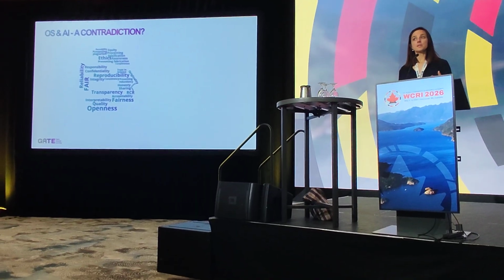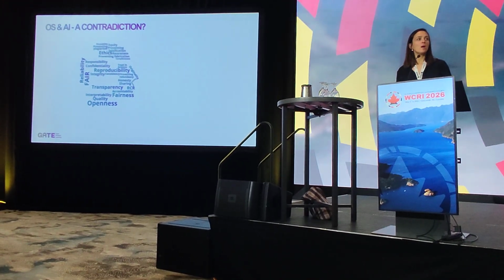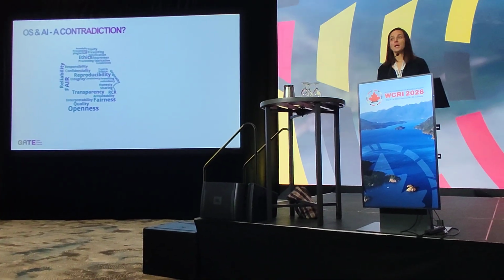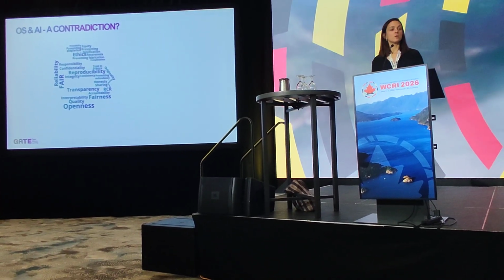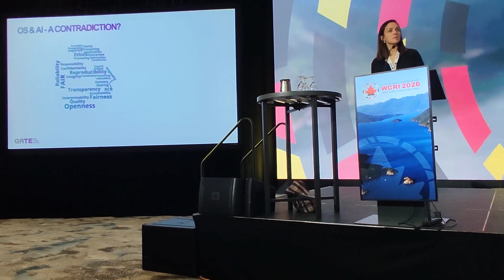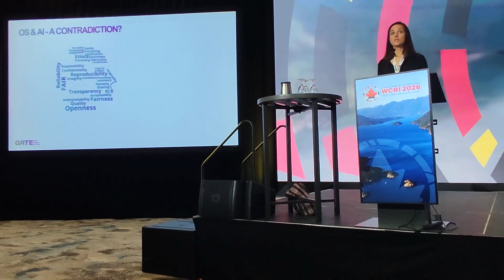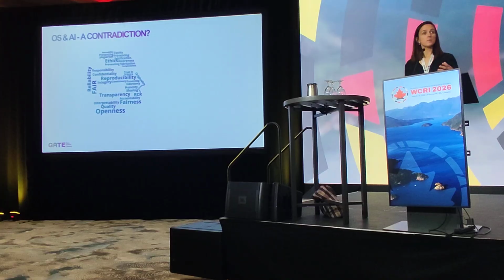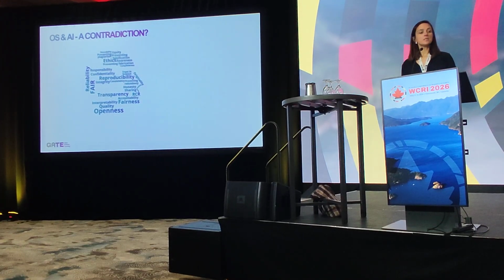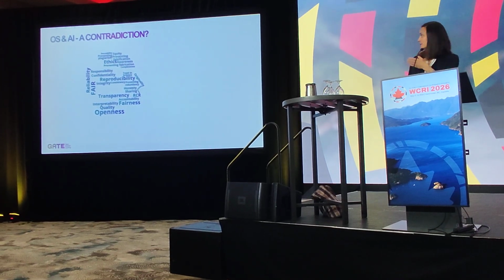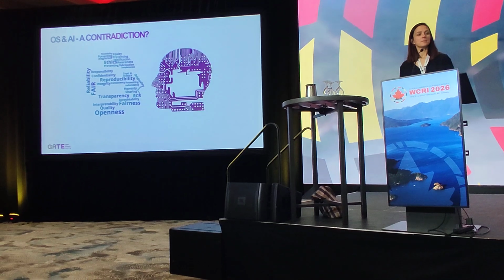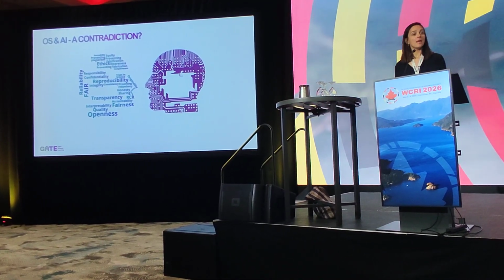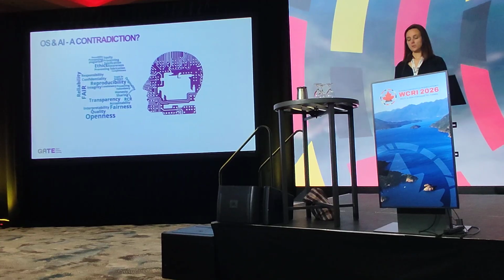So why is this continuous dialogue on open science and AI very important? We all agree that responsible conduct of research and open science are guided by acknowledged principles. We call them guiding thoughts, such as transparency, openness, reproducibility, and so on. And in this RCR head, there are our principles, but then AI emerged in research.